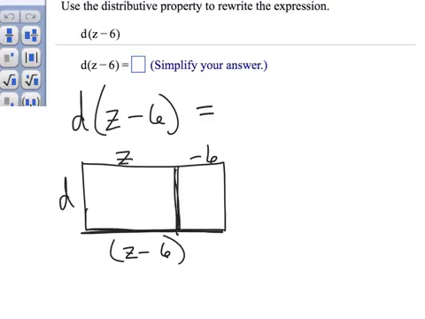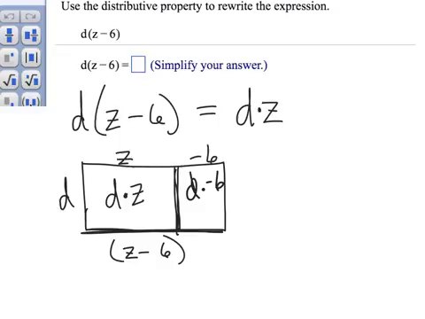And so, what is the area of this rectangle right here? That's d times z. And then, I'm going to put that right here, d times z. And then what is the area of this rectangle right here? It's going to be d times negative 6.